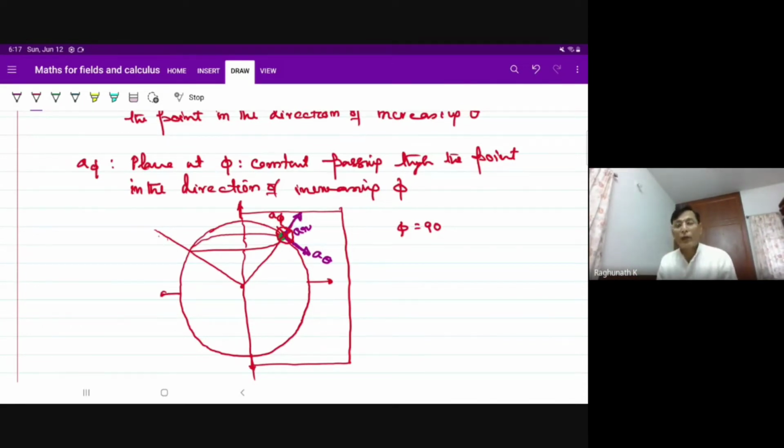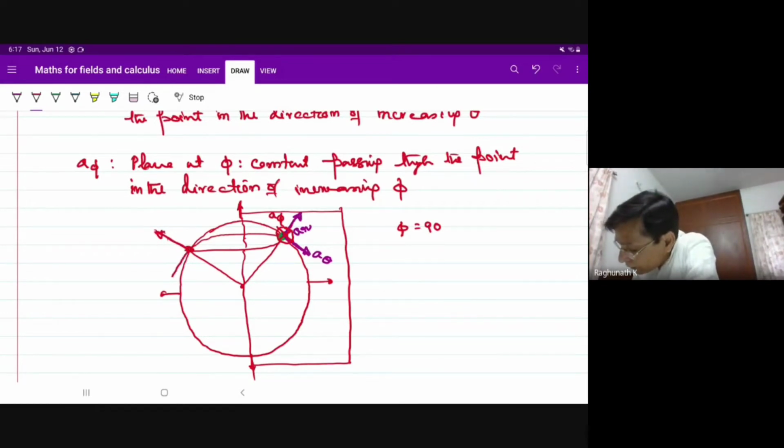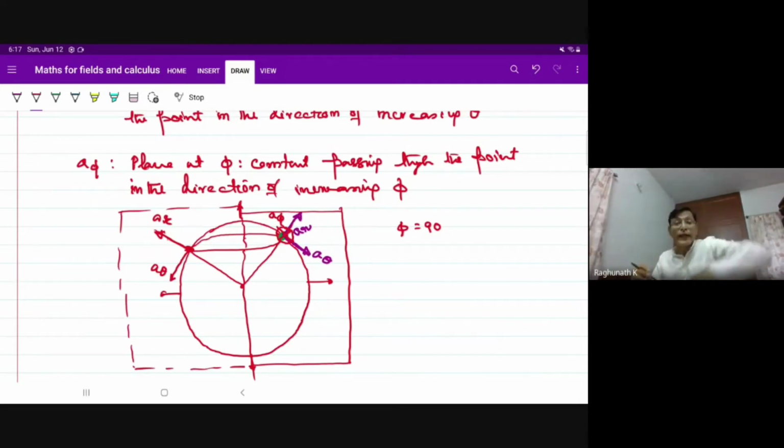Into the board. At this point, this is a_r, this is a_theta. What is this plane? 270 degrees plane, right? It has rotated about the Z axis. From the XZ plane, which is vertical and coming out from the board, I have rotated it by 90 to talk about the YZ plane.